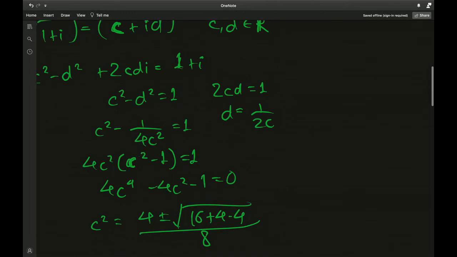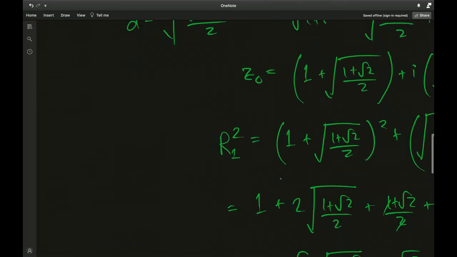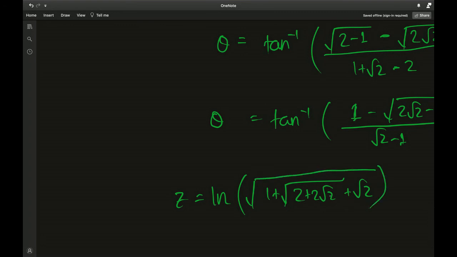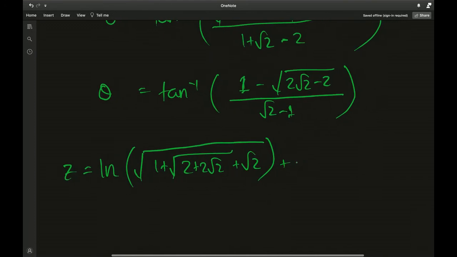So we know all our things. We know r, we know theta. So our z can be represented as natural log of r, and r is square root of (1 plus square root of 2 plus 2 root 2 plus root 2), and theta is just this guy.